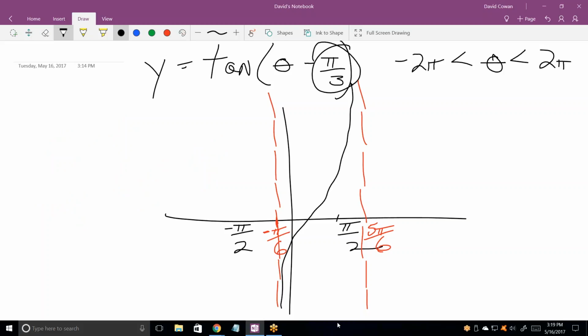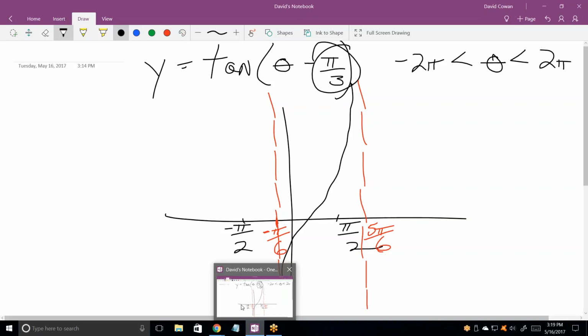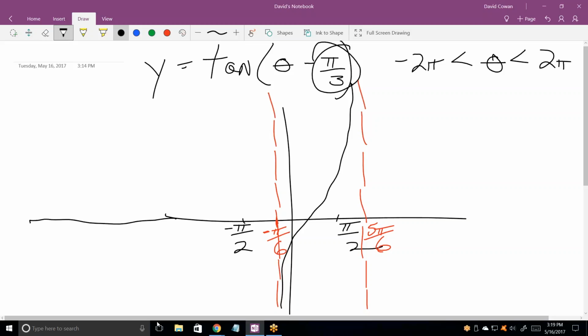So if I go back and put the full domain on there, let's see, if that was minus pi over 2, then pi is about there. I got to go all the way over to there to get, hold on. So we'll call this minus 2 pi.